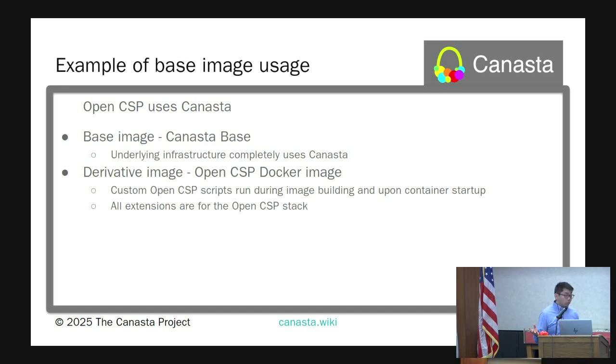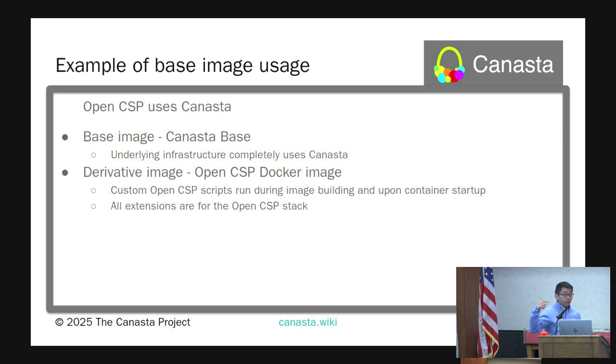An example of who's using a base image, we already have an example, OpenCSP, as Charlie announced yesterday. They use the base image, but their OpenCSP stack uses extensions that they've custom picked, and they run scripts during both the image building process and upon the container startup process.